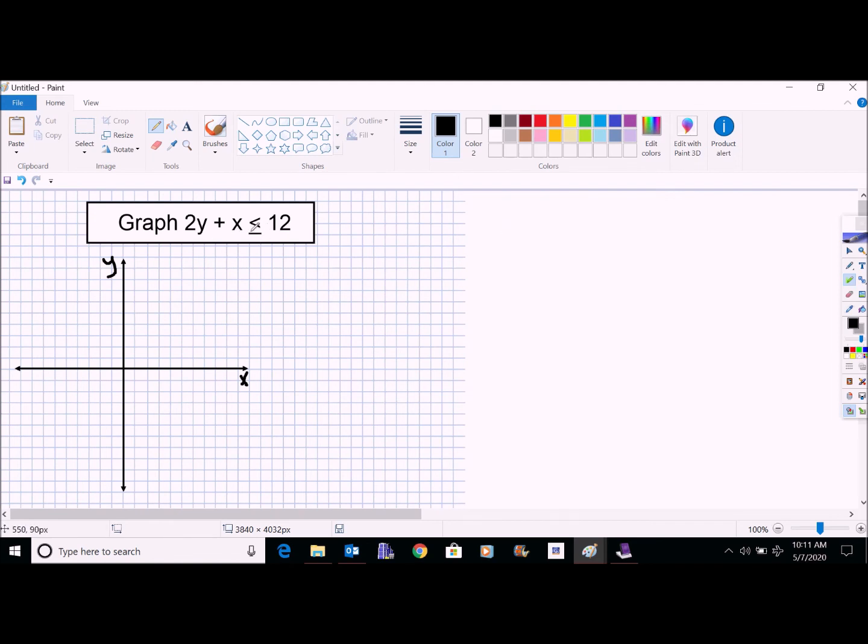All right, so we have less than or equal to. So we know that we're going to be working this out with a solid line. I'm taking 2y plus x, and I'm saying equals 12. Let's do this by intercepts.